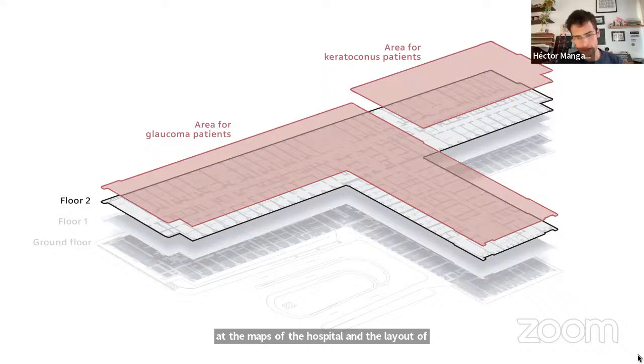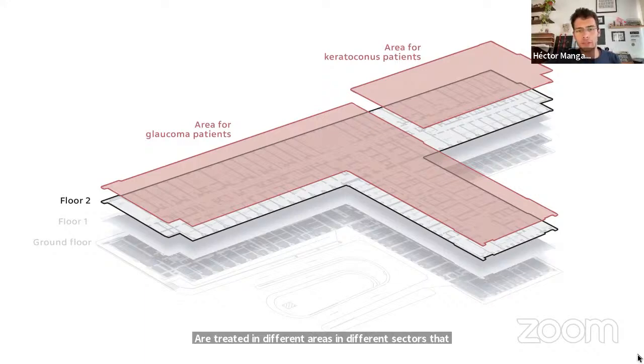One of the first things that struck us was that the different maladies treated in the hospital are treated in different areas, in different sectors that are very clearly defined. So a patient that would walk into the hospital would only navigate a certain space within it, and we soon realized this.